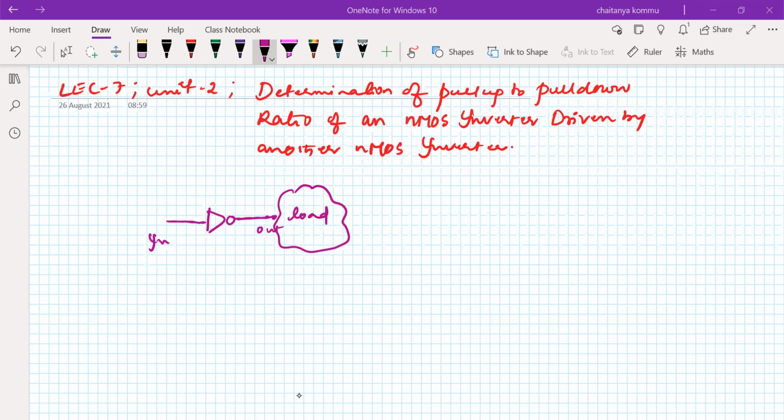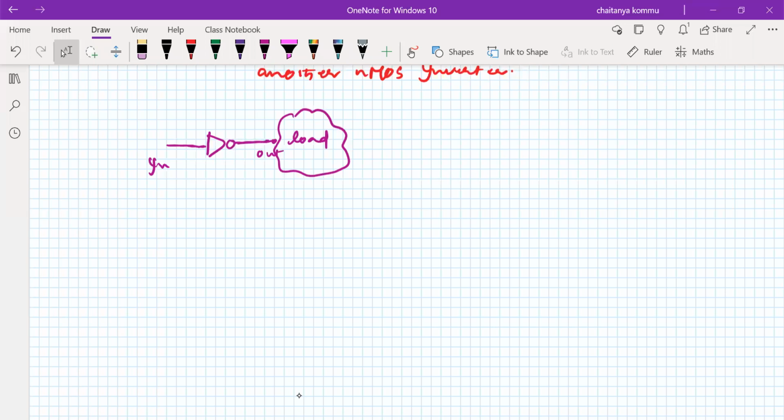What is the maximum load that we can apply, so that the signal transformation is proper and good transformation is possible, right?